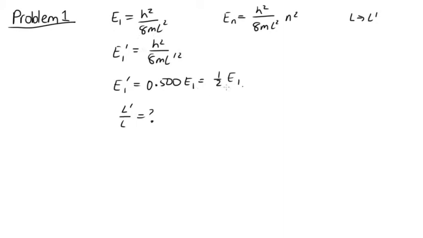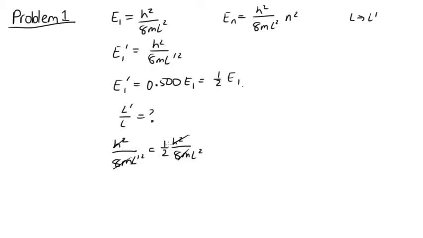So what we can do is substitute these two expressions here into this equation here. So we've got h squared over 8mL dash squared is equal to 1/2 times E1, which is h squared over 8mL squared. So here the h squareds are common, the 8m's are common.